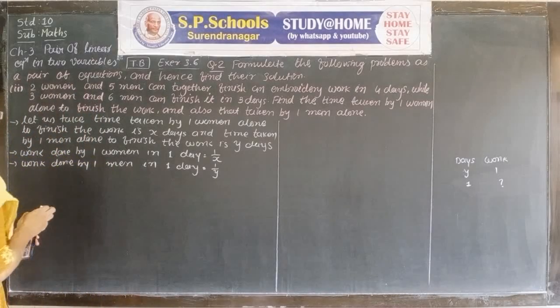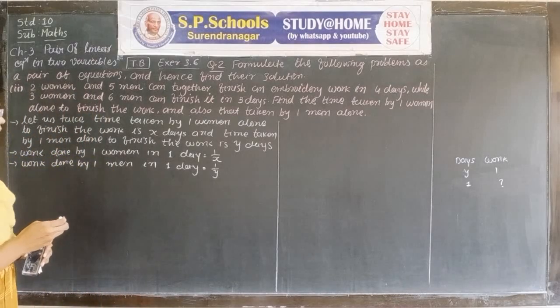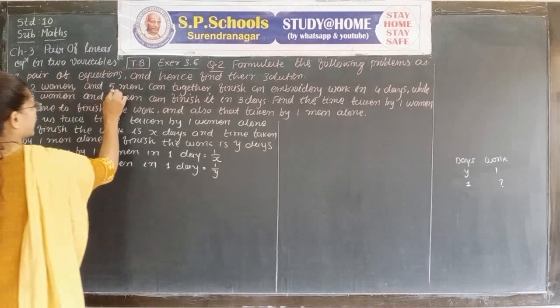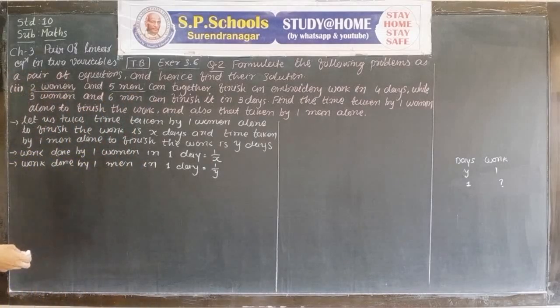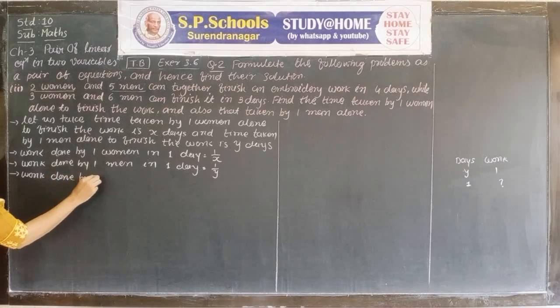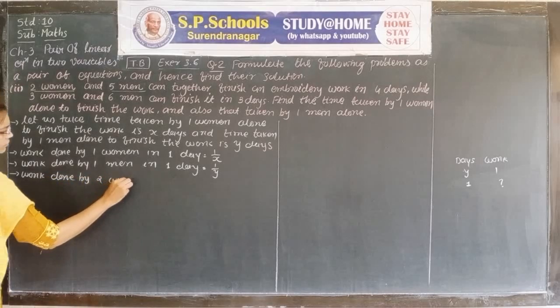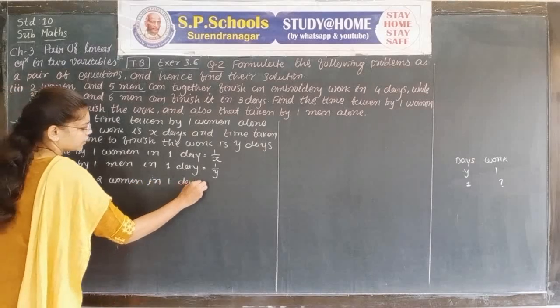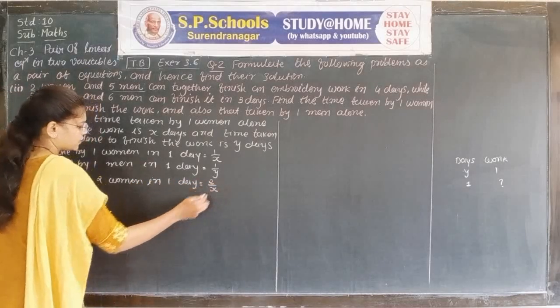But there is no way one woman and one man alone can finish this work. Given in the question, 2 women and 5 men can finish the work. That's why the work done by 2 women in one day is equal to 2 upon x.